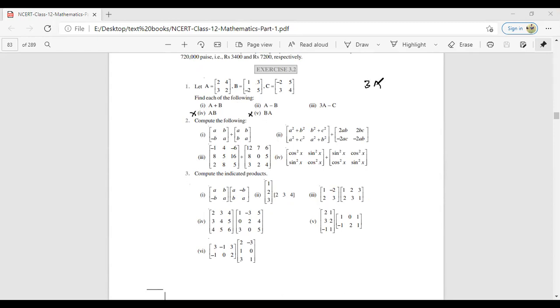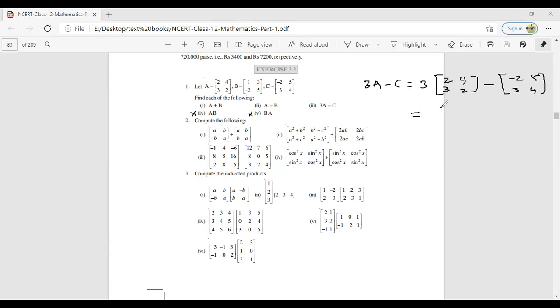3a minus c: first you have to multiply 3 inside a. So how will you do it? Substitute the value of a: 2, 4, 3, 2, minus 2, 5, 3, 4.